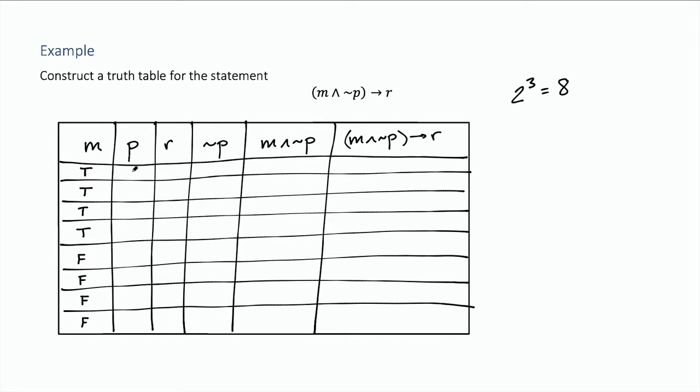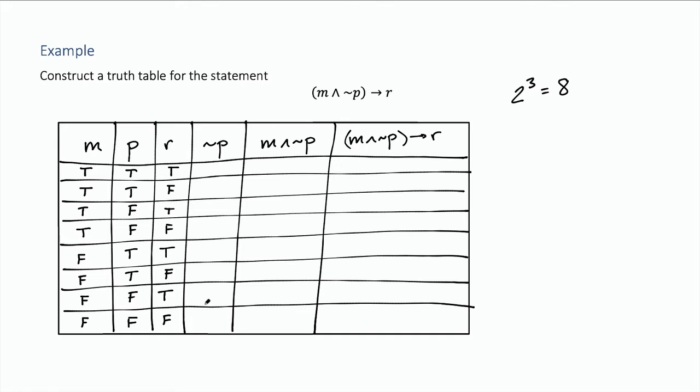So 2 trues and 2 falses, and 2 trues and 2 falses. And my next column cuts that in half, so 1 true and 1 false, and so on. So those are the possible combinations of true and false for those 3 statements.